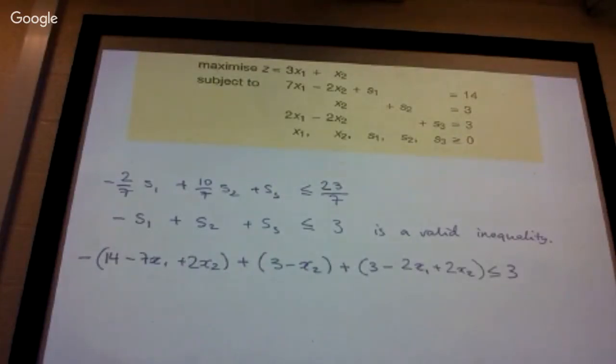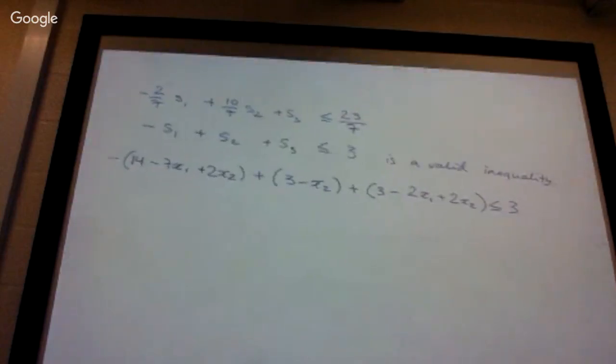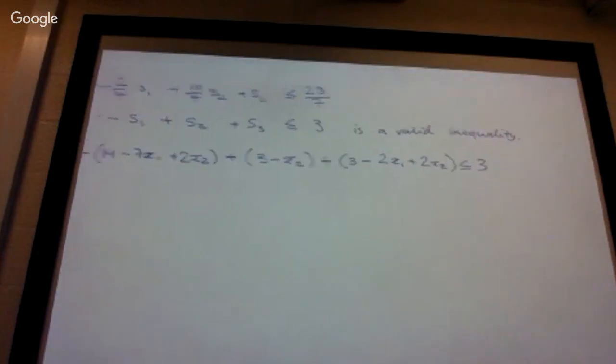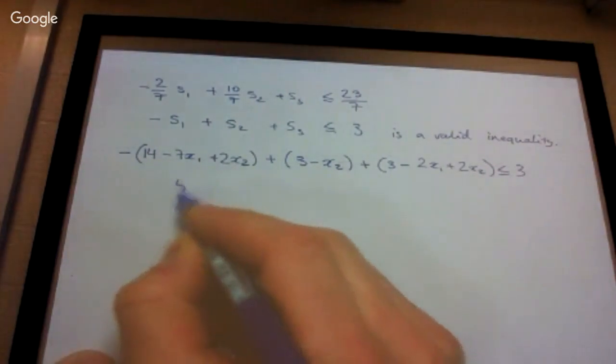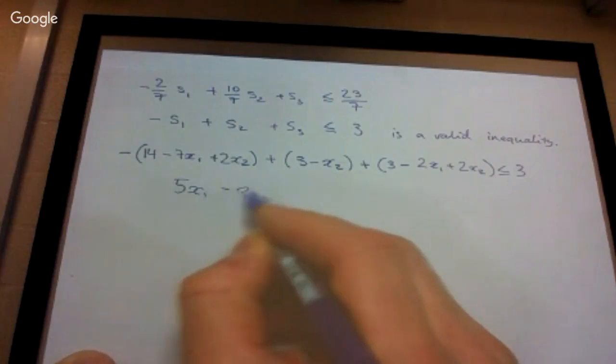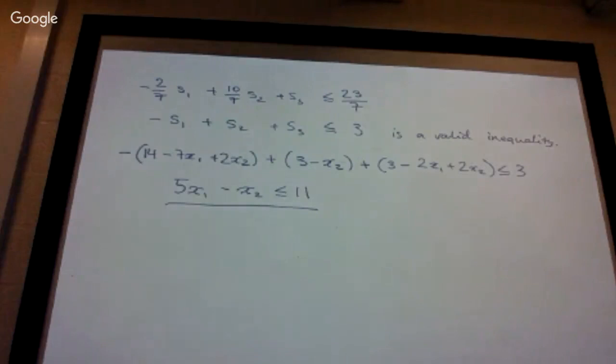So what you get from this is 5x1 minus x2 is less than or equal to 11. So that would be another valid inequality that you can generate.